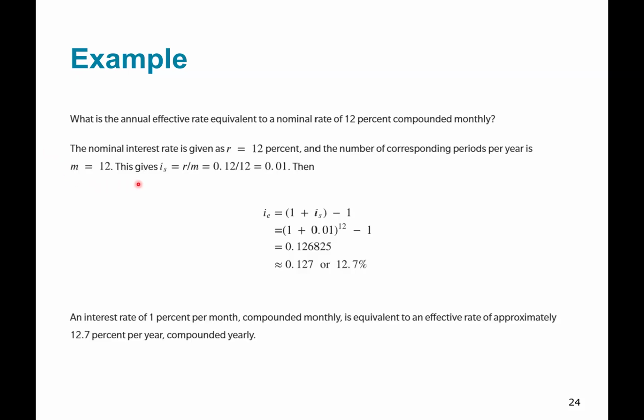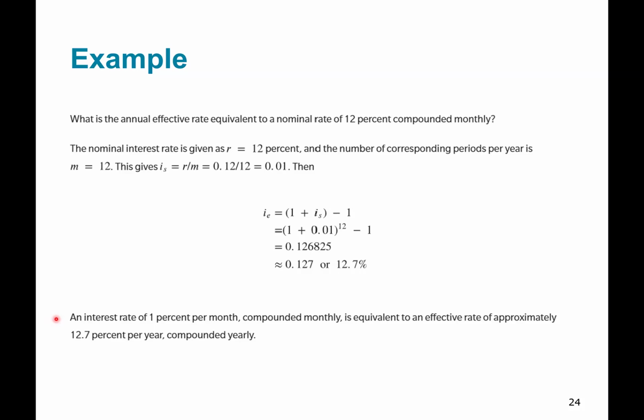This gives i equals r divided by m, which is 0.12 divided by 12, because we're looking at monthly, therefore it would be 0.01. Then you apply that into the interest equation here, which is i_e equals (1 plus i_s)^m minus 1. Once you go through the numbers, you get approximately 12.7%.